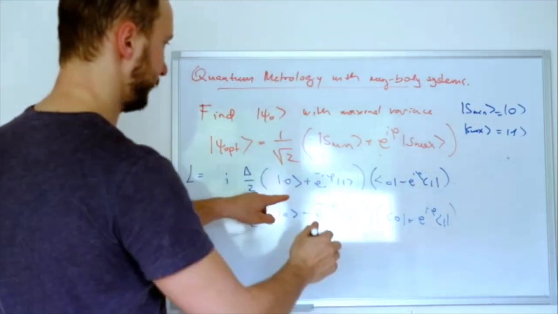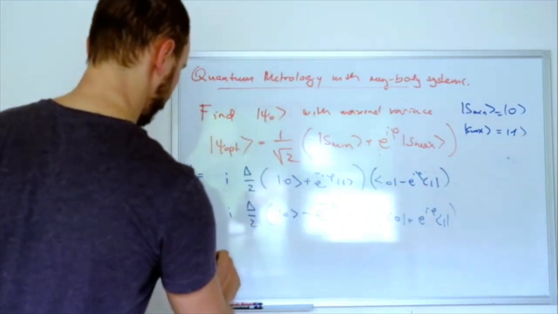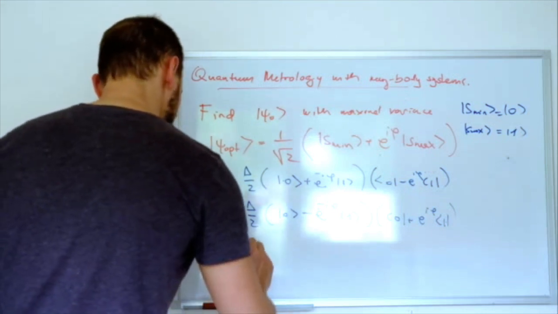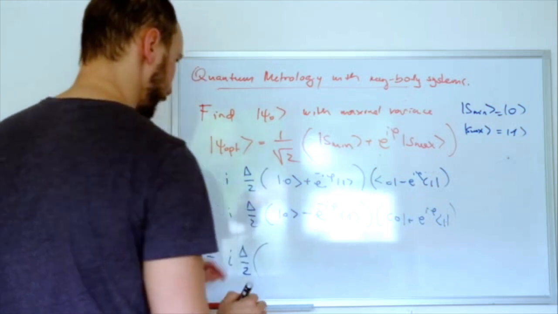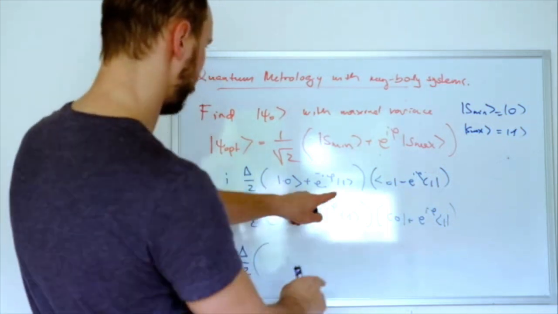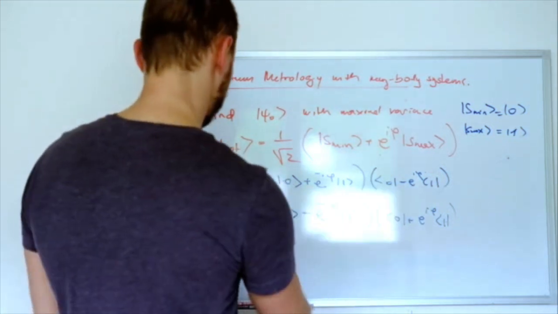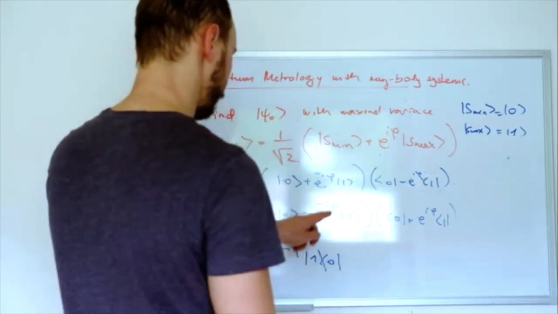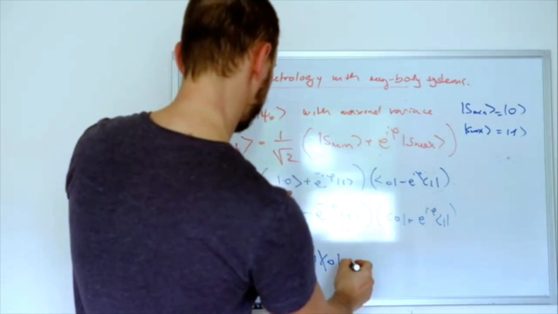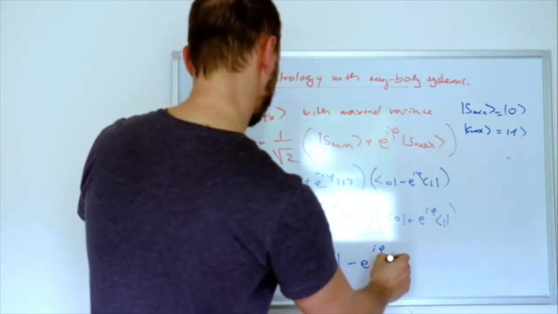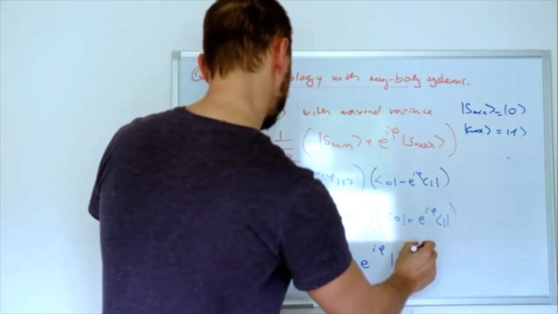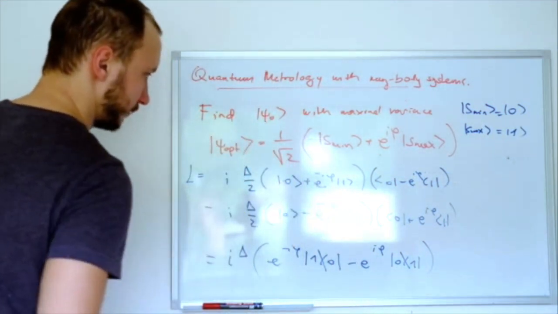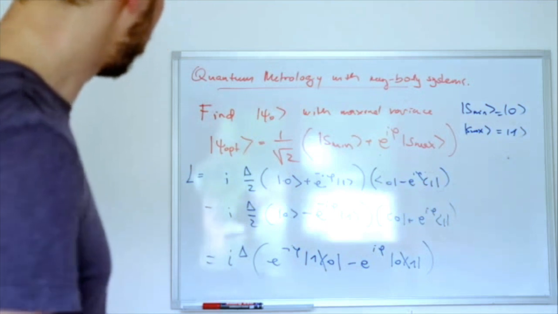So the only remaining terms are the cross terms, and the cross terms give us i delta over 2 times, this one times this one, so e to the minus i phi 1 0 and 0 minus the i phi 0 1, and 2 times, because this parenthesis will give us the same thing.